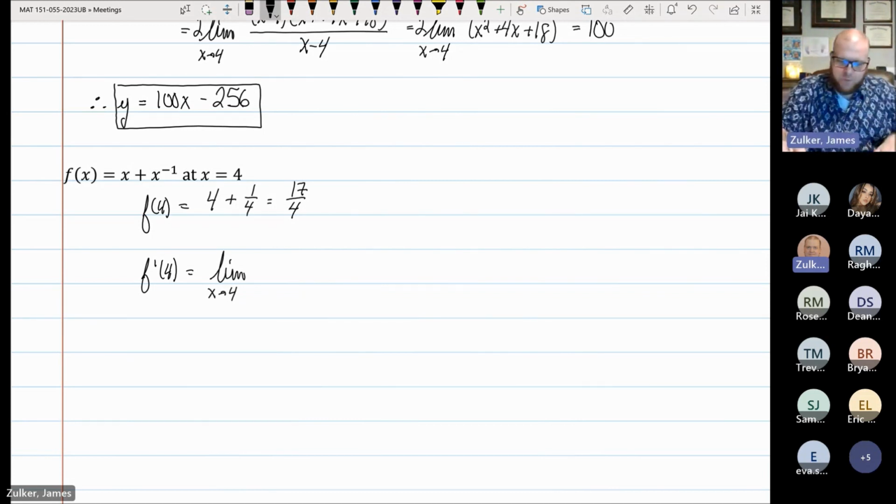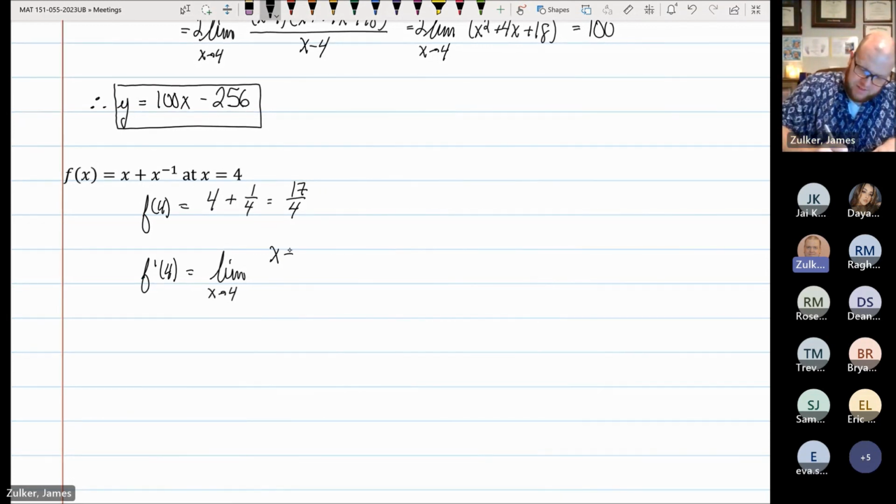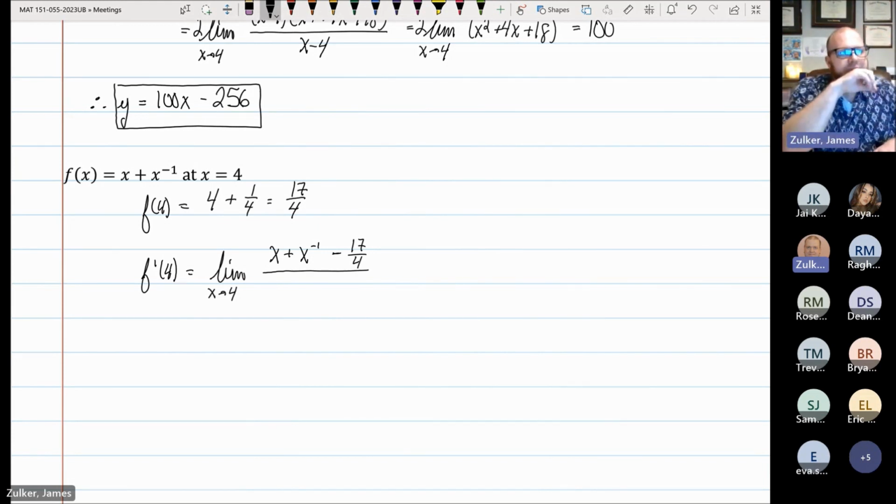Limit as x approaches 4 of f of x minus f of 4, and then all over x minus 4.